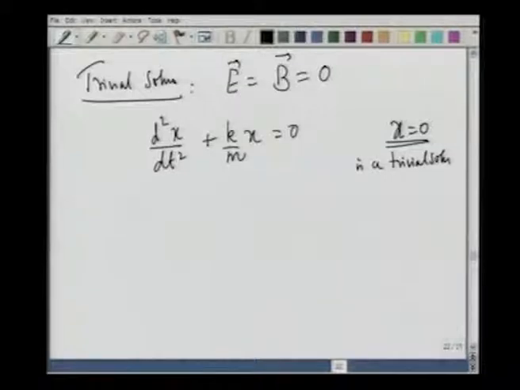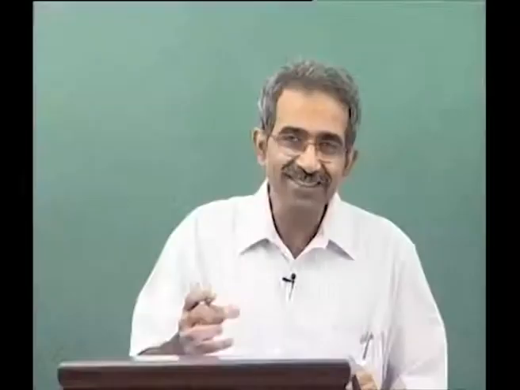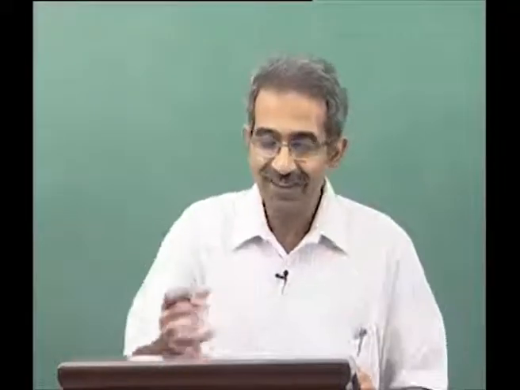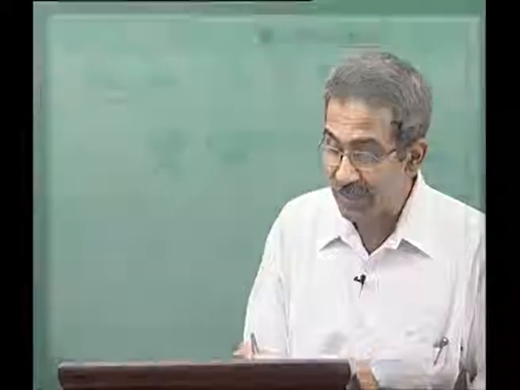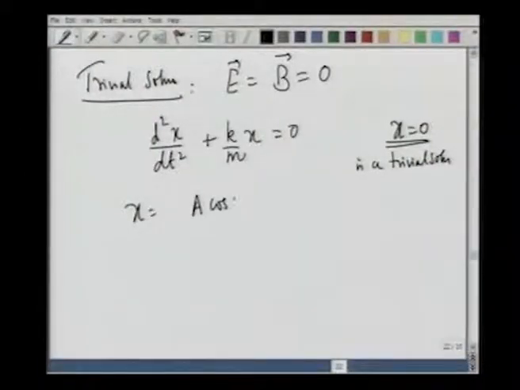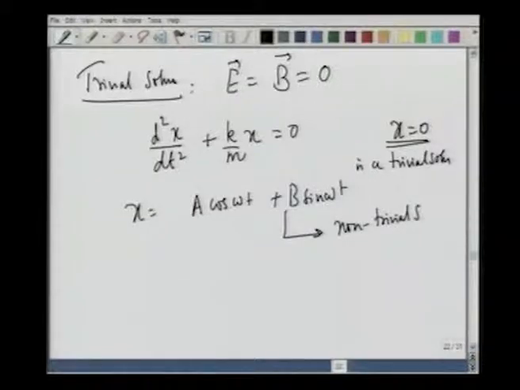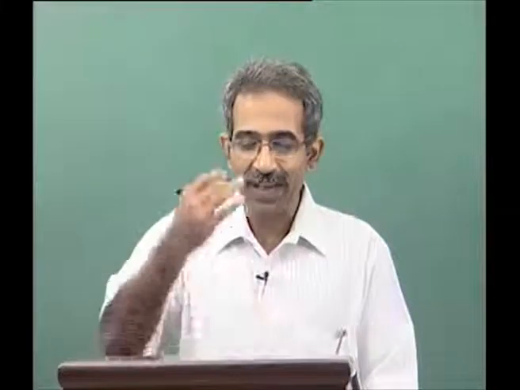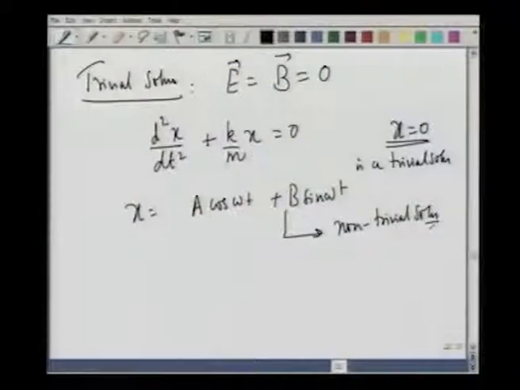And this trivial solution will never allow you to measure the spring constant. How will you measure the spring constant? You have to displace it slightly and ask how it oscillates. Whereas, the solution x is equal to a cos omega t plus b sin omega t is a non-trivial solution. Correct? x is changing as a function of time, but then it is oscillating periodically. It is executing a simple harmonic motion, and this is something that you can verify.